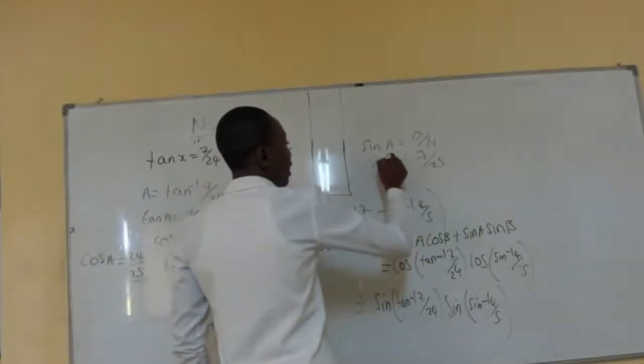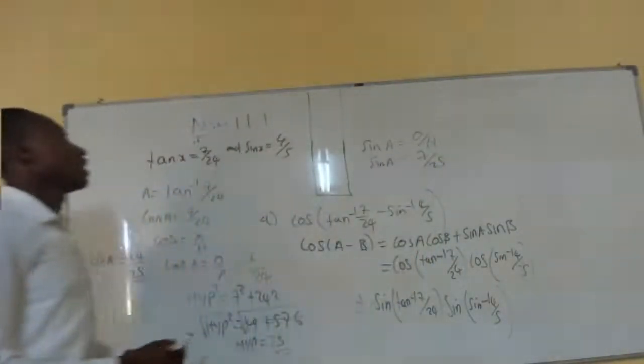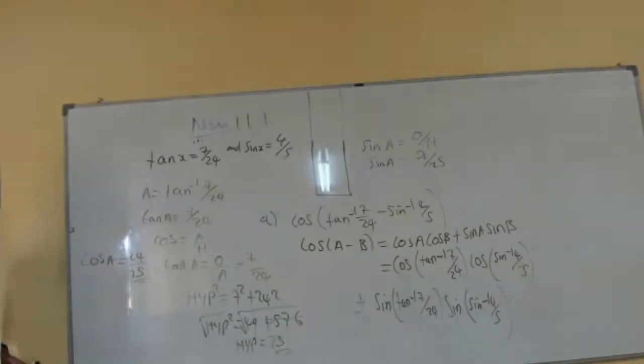So sine A is 7 over 25. That is what your sine A is.